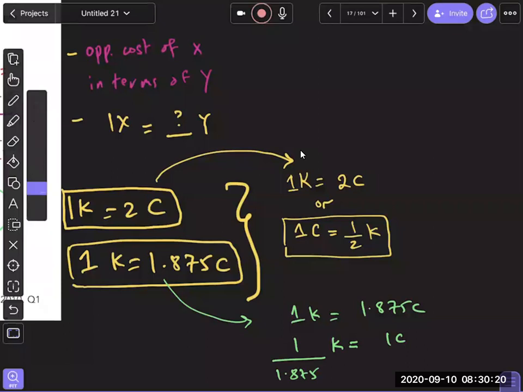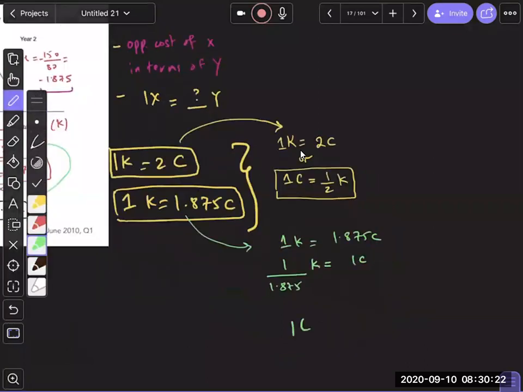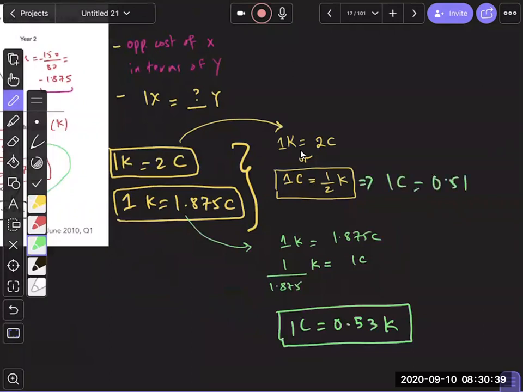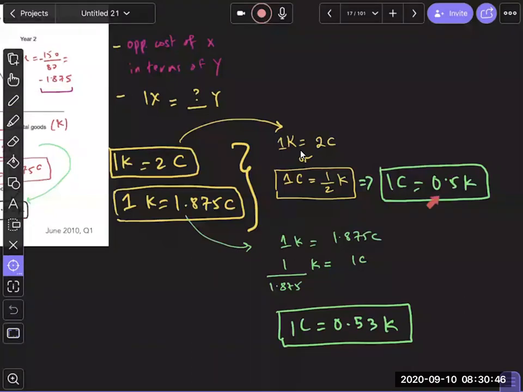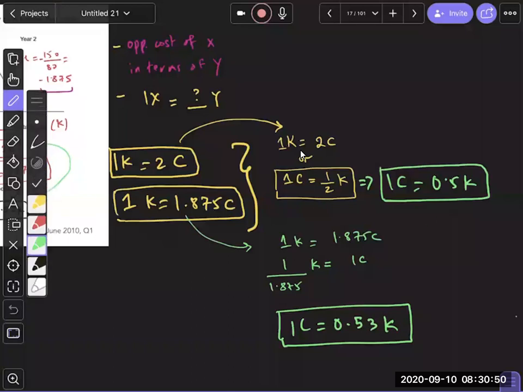In other words, I can write this as 1C is equal to 1 over 1.875, which is 0.53 K. And by the way, year 1 the opportunity cost was 1C is equal to 0.5 K. Now it's going from 1C is equal to 0.5 K to 1C is equal to 0.53 K.